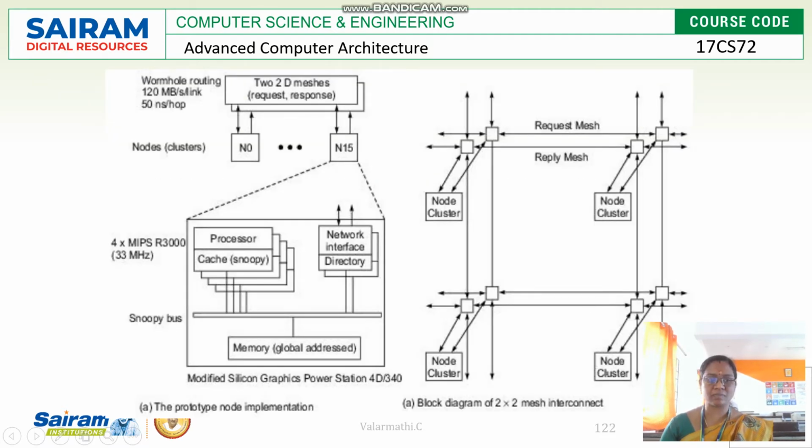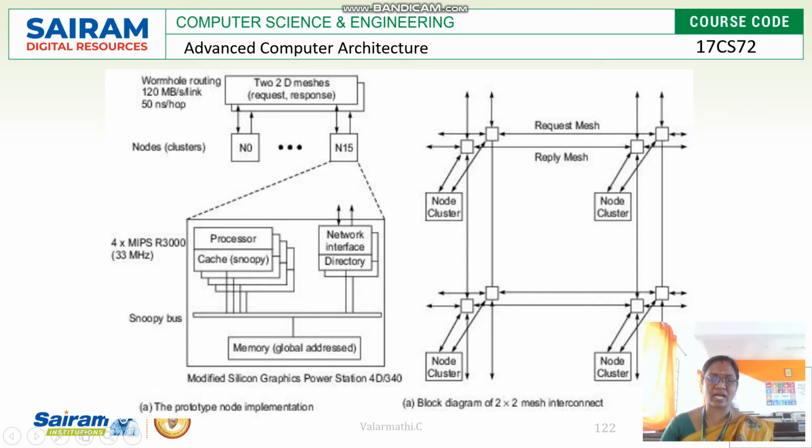This diagram shows the prototype node implementation in Stanford, and two-dimensional meshes are used. When you take the architecture, it follows the Snoopy bus. Snoopy bus means one centralized bus is implemented to make the communication between a number of functional units and the main memory.